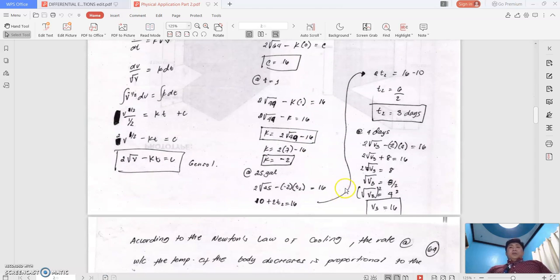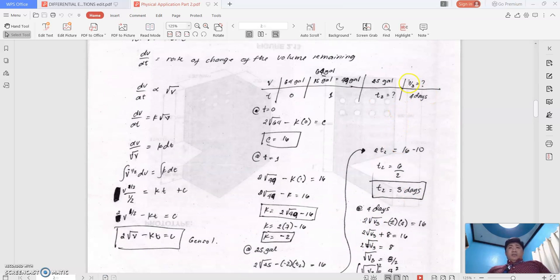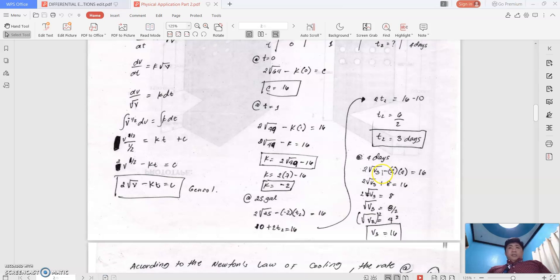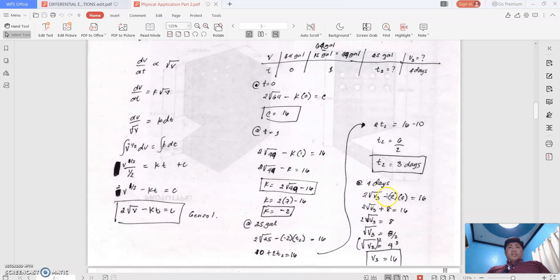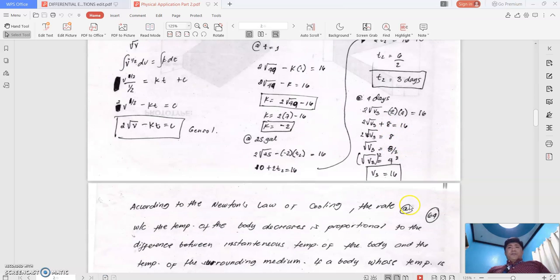Okay? So, after that, in 4 days. In 4 days, how many gallons will remain? So, the volume minus 2 times the time, which is 4 days, equals 16. So, in our case negative 2, you have positive 2 times 4, that is 8. So, 16 transfer to the other side. 16 minus 8, that is 8.